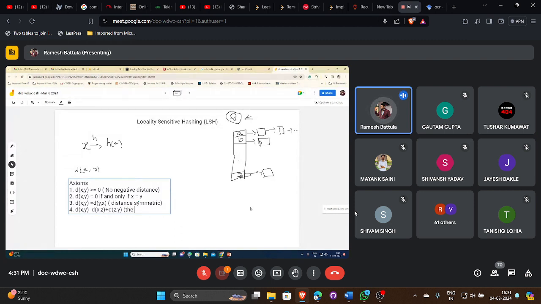This is used for the triangle inequality.